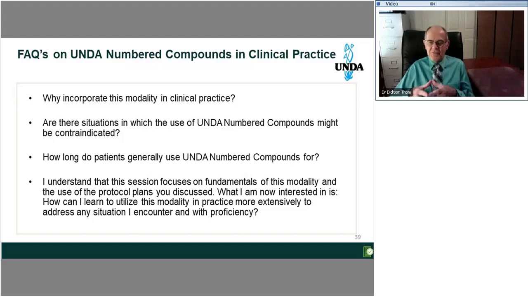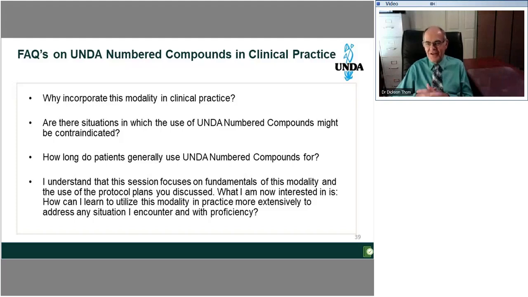So remember what we're trying to do with the UNDA numbers. The UNDA numbers are not treating a disease. They're supporting physiology. If you exceed the physiologic limits, it's like stretching an elastic. If you stretch the elastic too often, too long, it doesn't come back. So if you stretch the physiology beyond the physiologic limits of the cell, people say, well, I reacted to it. I got a headache.